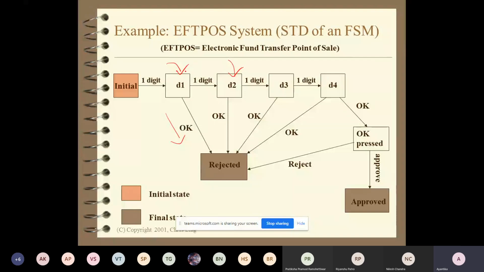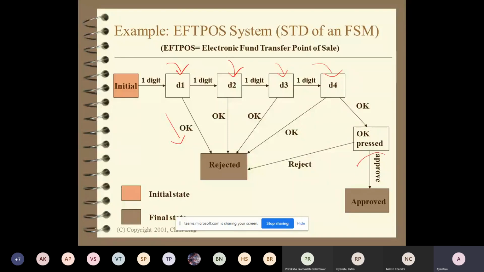Then one by one, 1, 2, 3, this way we enter the digits, and after entering the 4th digit, we press OK or submit, whatever button you have. Then some backend module will check whether your pin is correct or not.